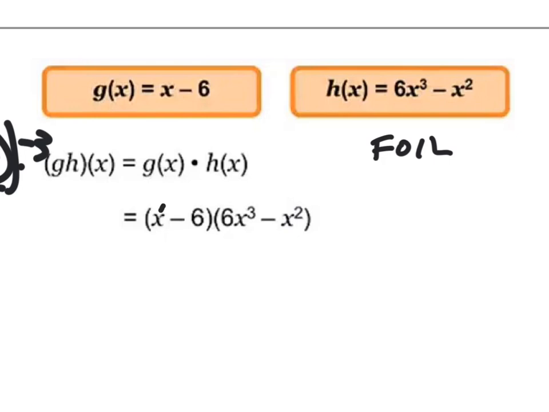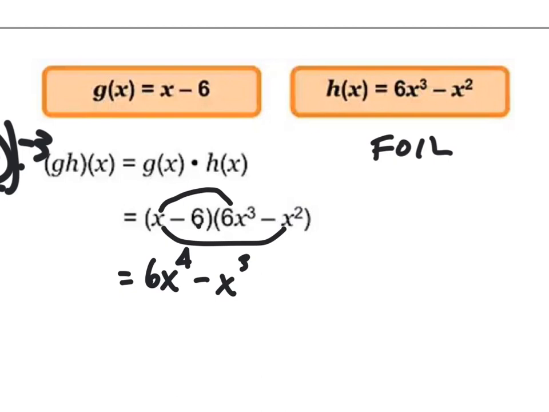I'm going to do x times 6x cubed, which is going to give us 6x to the 4th. That's the first. Let's do the outside: x times negative x squared gives us minus x cubed. Let's do the inside: negative 6 times 6x cubed gives us minus 36x cubed.